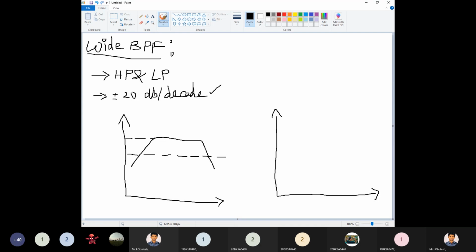So the next step, you need to take frequency on the x-axis, and in the y direction you need to take voltage gain.